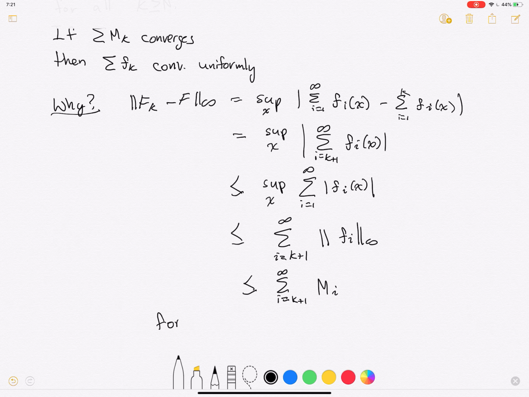And this holds for k big enough. But since the sum of M_i goes to 0 as k goes to infinity, that's why we get uniform convergence.